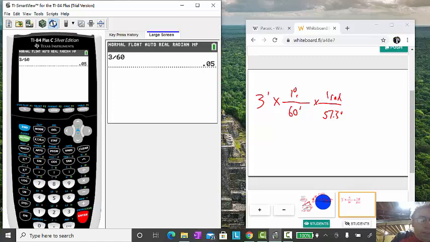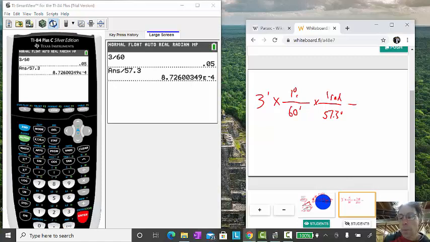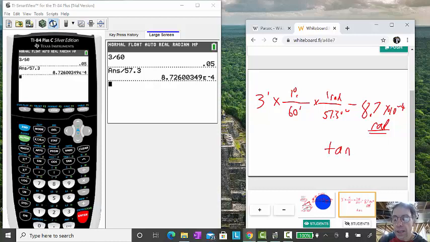And then we divide that by 57.3, and we get 8.72 times 10 to the minus 4th radians. Radian is a dimensionless unit. And again, that can be helpful in the small angle formula by using tangent, which we'll go over at another time. So thank you and have a good day.